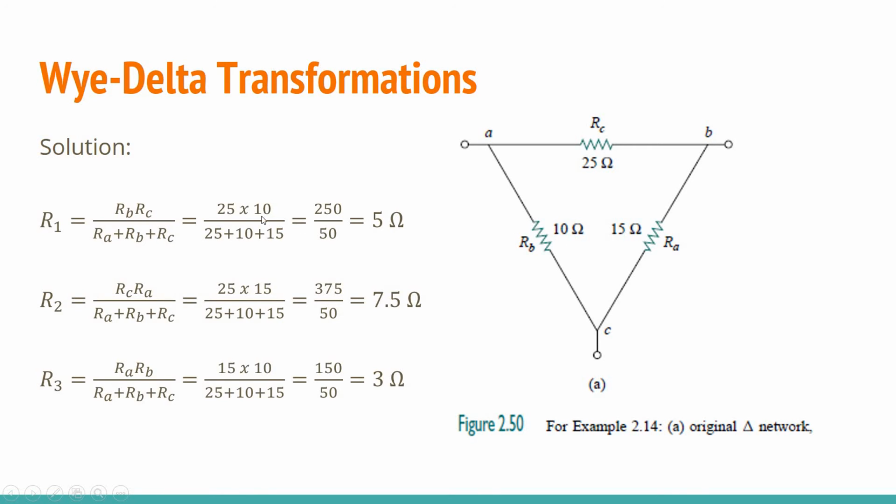I know, nabaliktad ni. RB is 10 times 25 divided by 25 plus 10 plus 15. So, 250 divided by 50 equal to 5 ohms. So, ang equivalent nga R1 dito sa Y network is 5 ohms.